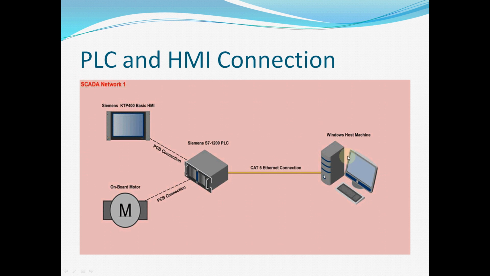That program has to be typed in this computer. Then you will load that program in this PLC, and from this HMI you can send commands to this PLC, so that the PLC can control this motor.